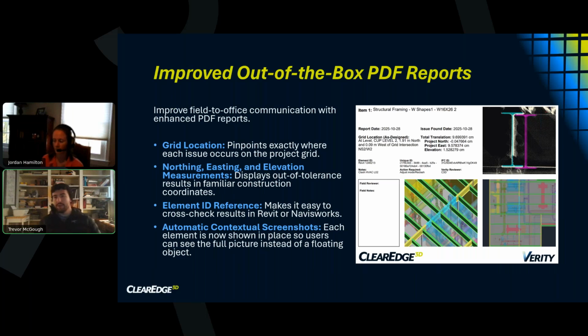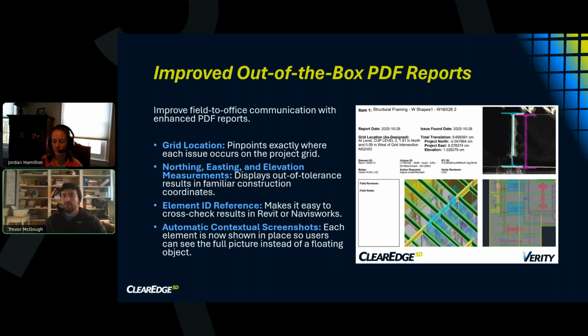And then one of the big ones, and again, thank you, Jordan, for these lovely report screenshots. So Verity will now, in the report, basically take screenshots from the host application. So it's not just the screenshots inside of Verity. So the way we have it set up is using WYSIWYG. So what you see is what you get.